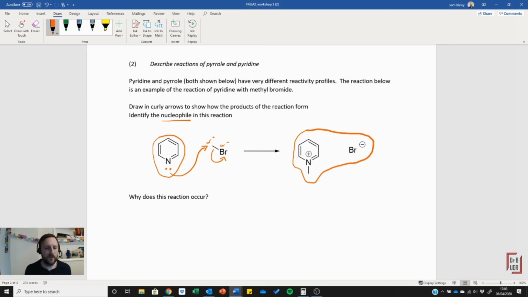So that's the easiest way to denote the nucleophile in this reaction. The opposite of a nucleophile is an electrophile, which would obviously look for electrons in our structure there. Okay.